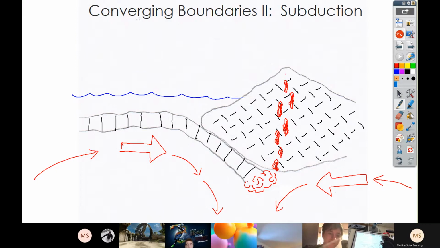And eventually, some of it is going to erupt in a volcano. And this is why we have the ring of fire around the Pacific, because there are many subduction zones there.